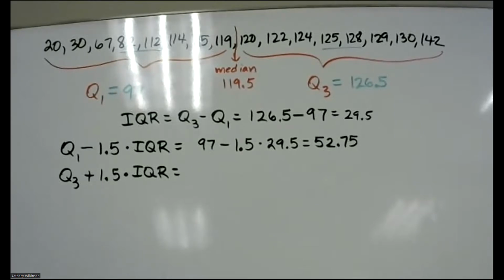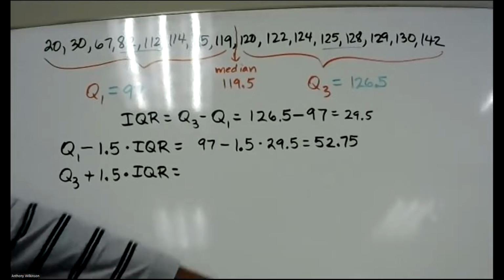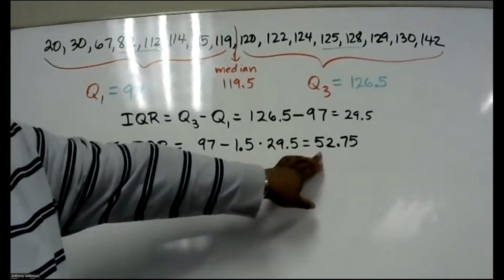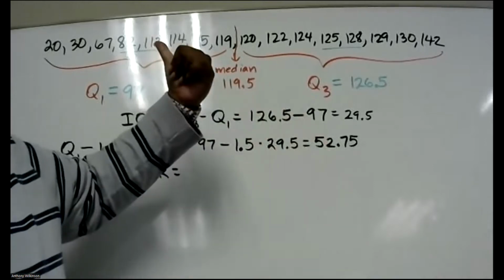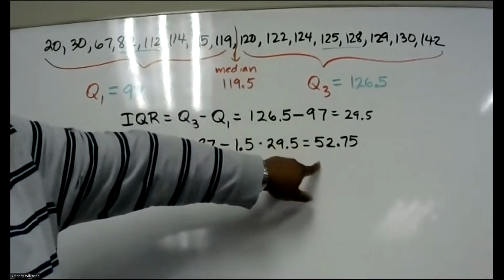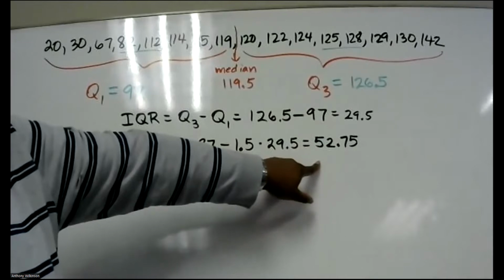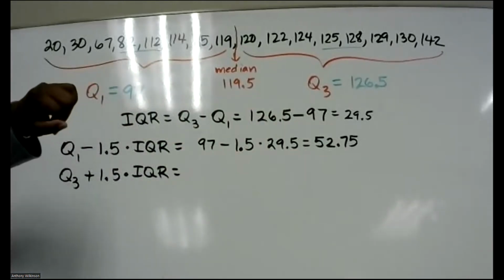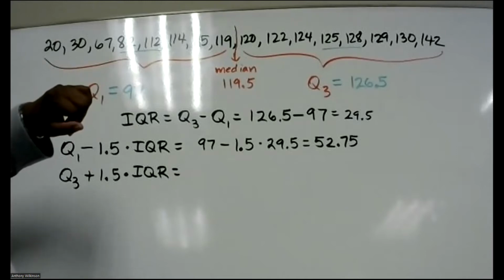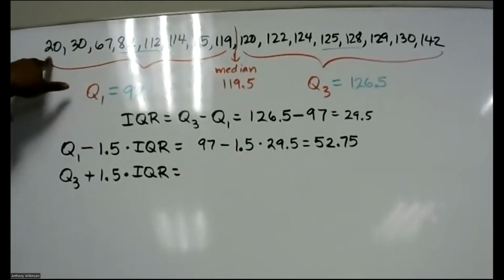Okay. All right. Now let's take that 52.75. Here I need to find values in this data set that are less than 52.75. Looking at this, what values are less than 52.75? 30 and 20.